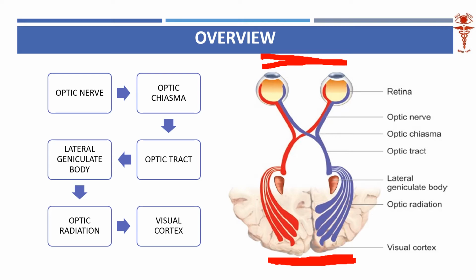From the place where the light is perceived as an electrical impulse, the impulse has to travel through my optic nerve and cross over in the chiasma. That itself is very interesting.